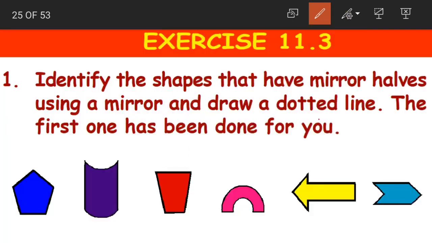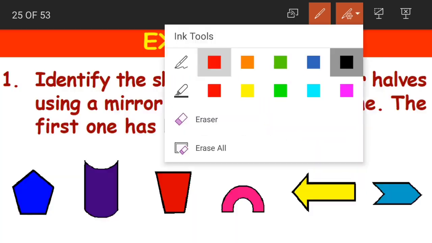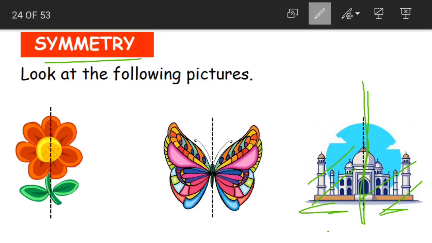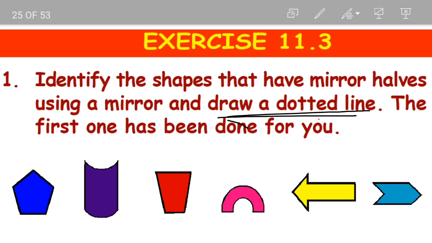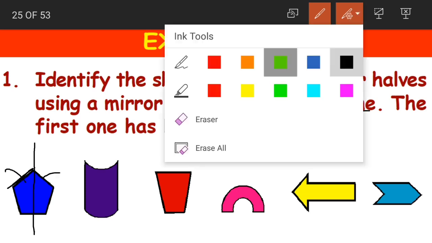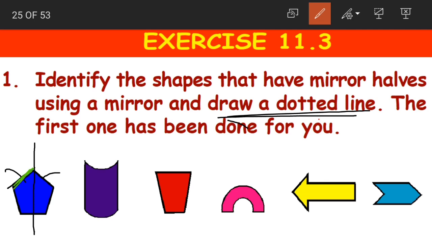Or else, here let us see how to find out the line of symmetry. Draw a dotted line means, see, this is our dotted line. So we have to draw the line of symmetry for the given objects. If we draw the line here in the middle, is this object symmetrical, children? Are both the halves the same? Yes. See, if you observe the pattern, it is one slanting line.